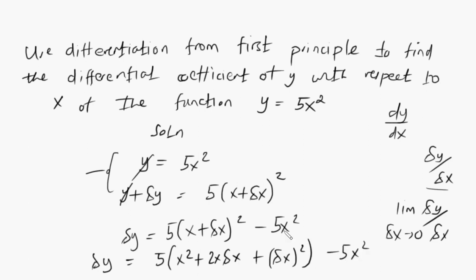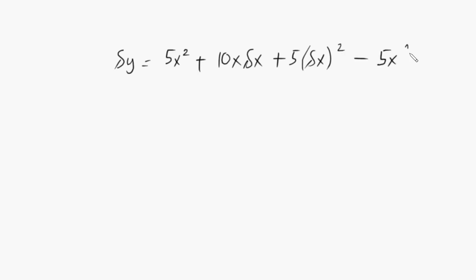Okay, so let me extend that one. So my delta y is just going to be equal to 5x squared plus 10x delta x plus 5 delta x squared minus 5x squared. Don't forget that one. So they go down.